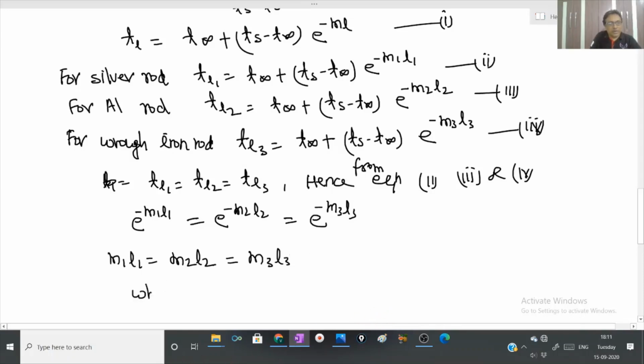Here, m is a fin parameter given as square root of hP over kAc. P is the perimeter and Ac is the cross-sectional area.